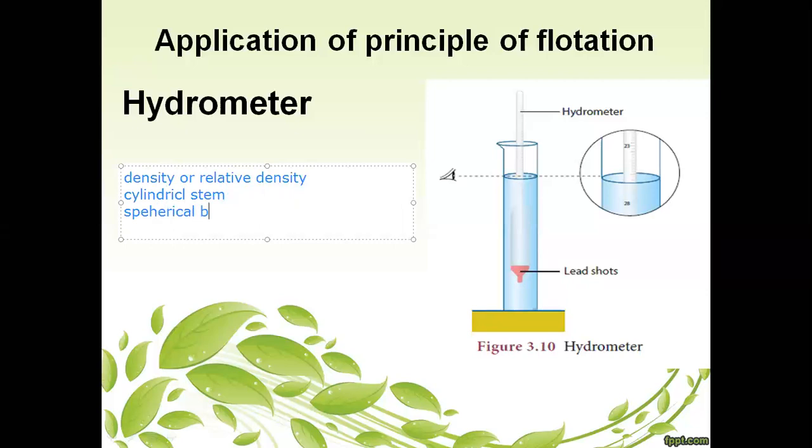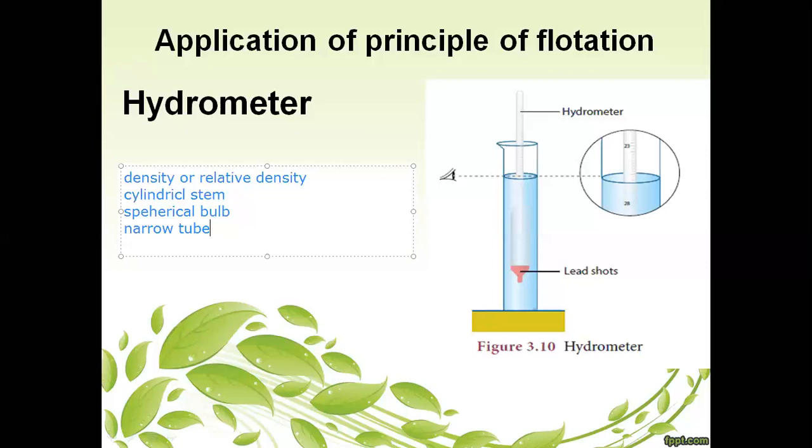The upper end of the cylindrical stem has a narrow tube. The spherical bulb contains lead shots or mercury.